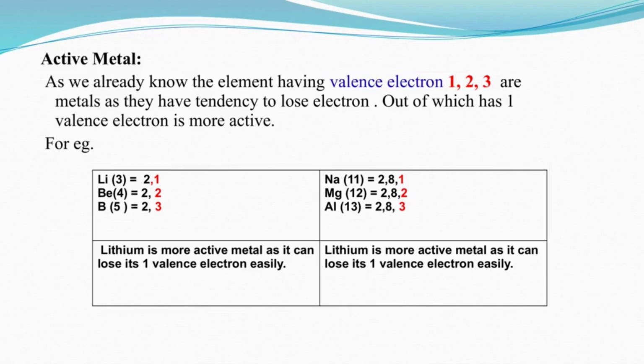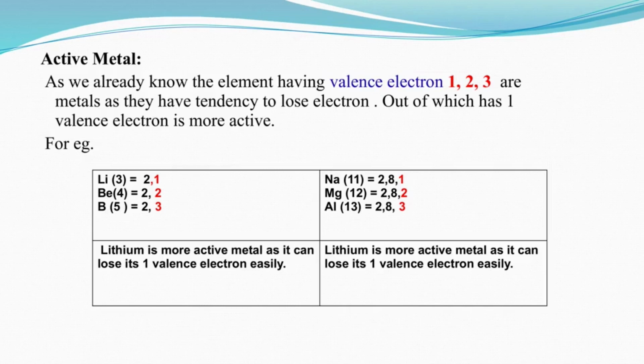If you see the two boxes given there, lithium, beryllium and boron have atomic numbers 3, 4, 5 and electron configurations 2,1, 2,2 and 2,3. If you compare the last shell, the valence shell, lithium has only 1, and it can lose 1 electron easily.